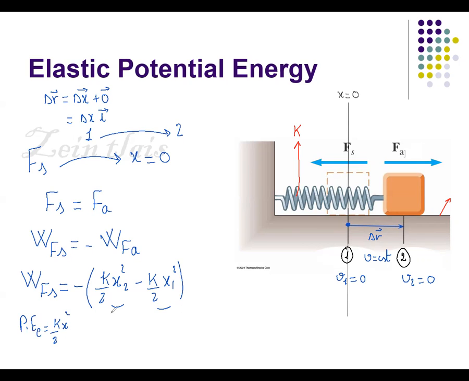So here we have the final potential energy minus the initial potential energy. We can write omega Fs equals minus potential energy elastic at position 2 minus potential energy elastic at position 1.